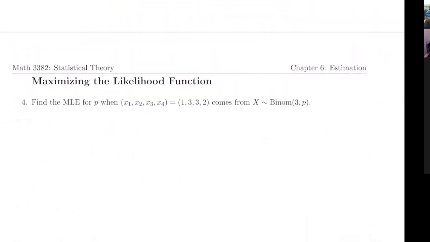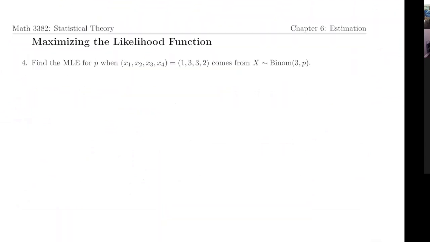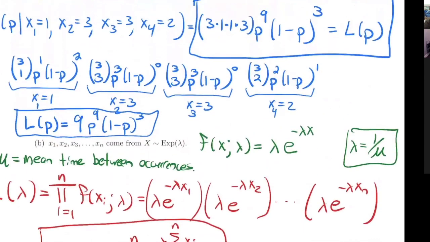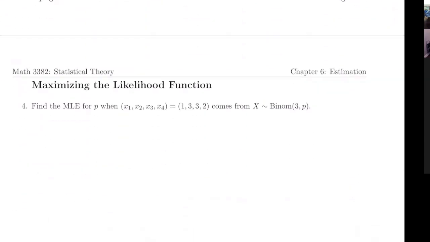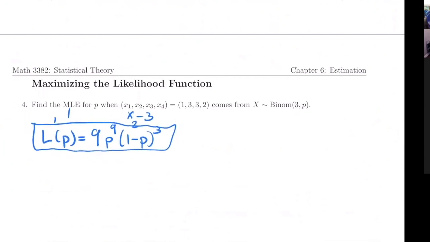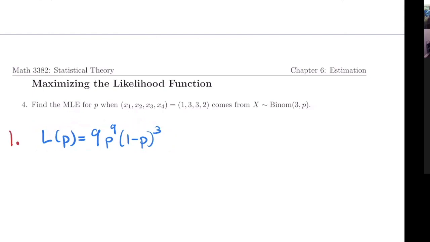Okay, so then we're ready to come to the calculus side of things. So this would be like the first step in the process, finding the likelihood function. So that would be like step 1.